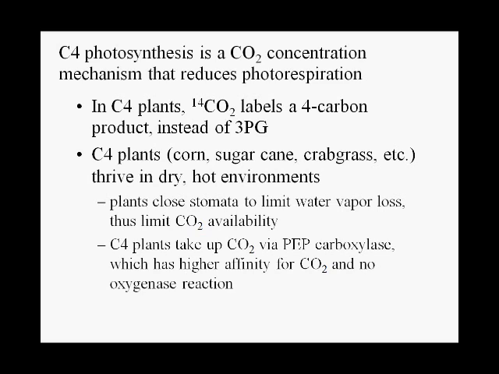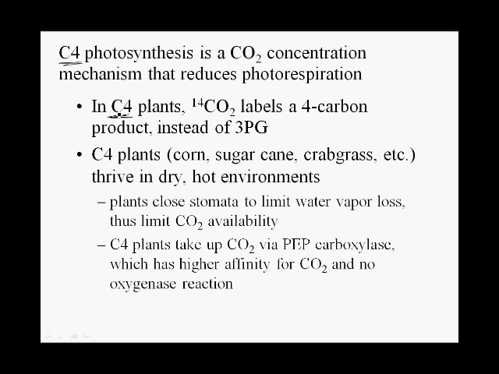Well, over hundreds of millions of years of evolution, some plants figured out a workaround for this oxygenase activity of Rubisco. And this workaround is called C4 photosynthesis. And you can think about C4 photosynthesis as a mechanism to concentrate carbon dioxide for Rubisco.